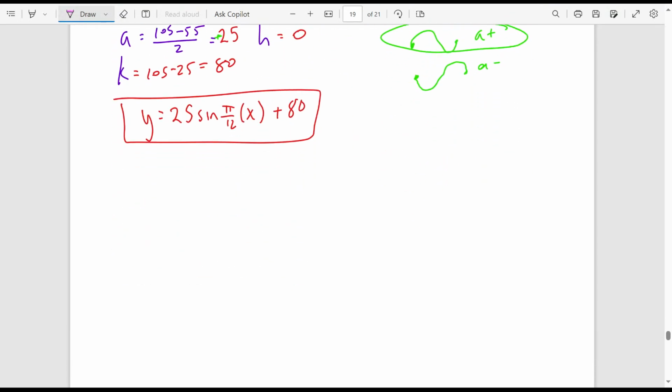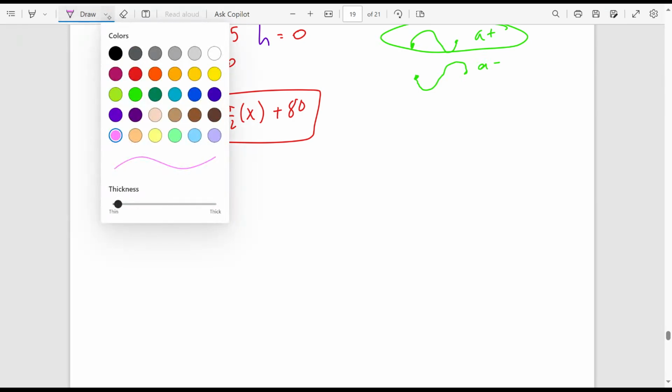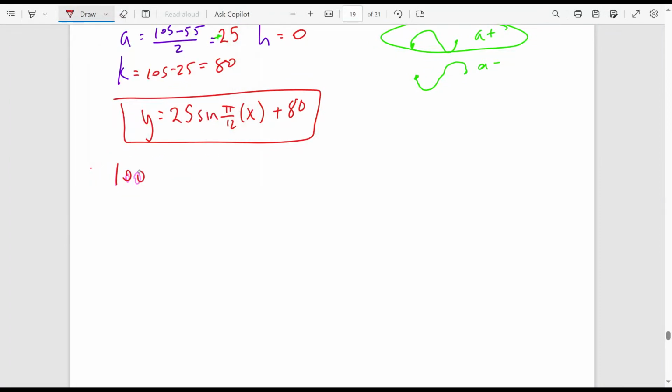So we run through it in this situation where now let's find the x's when the y is 100. So y is equal to 100, 25 sine pi over 12 x plus 80. Typically, when we were doing quadratics, we would set to 0 and then plug into a formula.